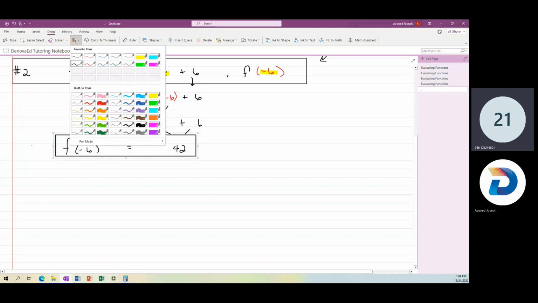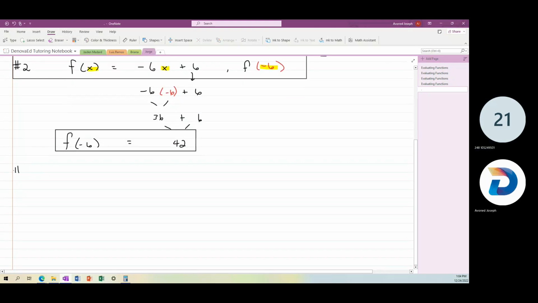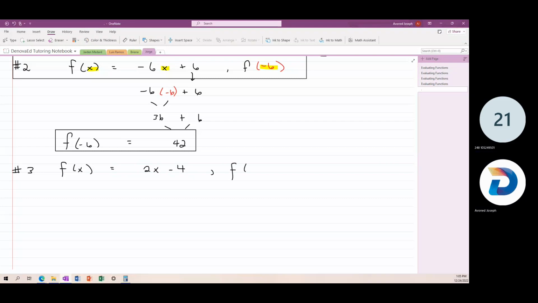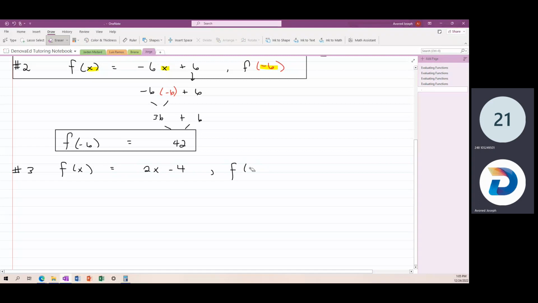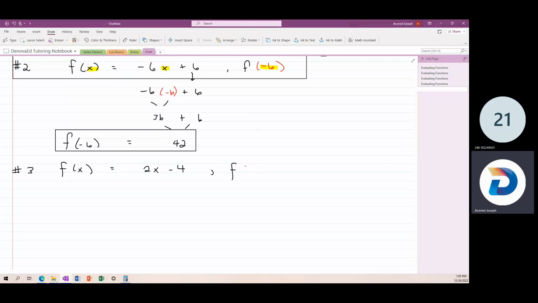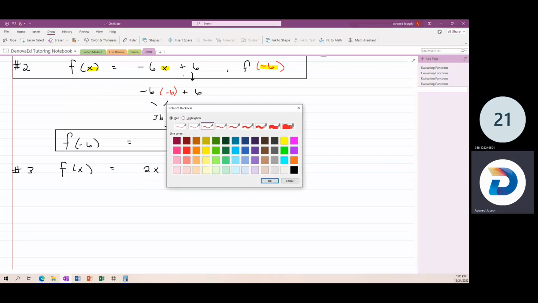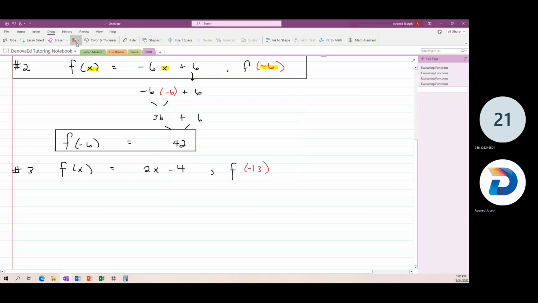We have f of x is equal to 2x minus 4, where f of x is equal to negative what? 13. Yeah. All right, so we need to plug in negative 13 for x, right? Negative 13 for x.